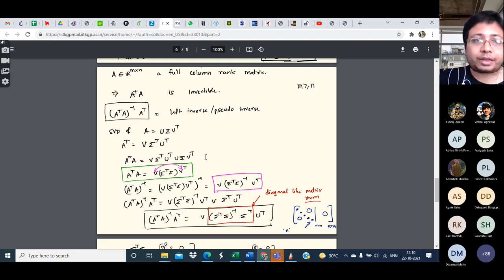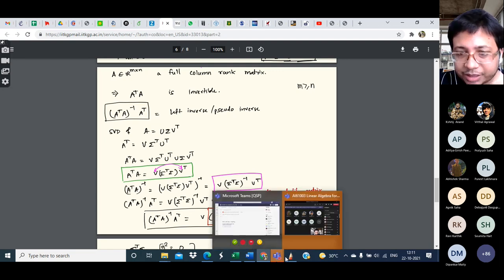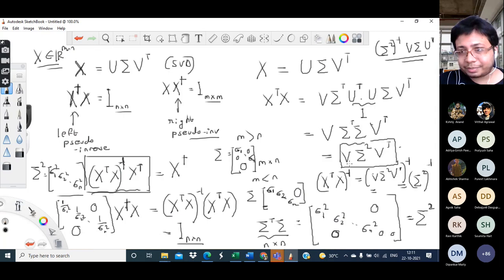But what is the condition which this has to satisfy for this left pseudo inverse to exist? The condition is that this matrix has to be invertible. That is, this x transpose x must be invertible, otherwise we will not be able to proceed. And as we discussed already, when will this x transpose x be invertible?